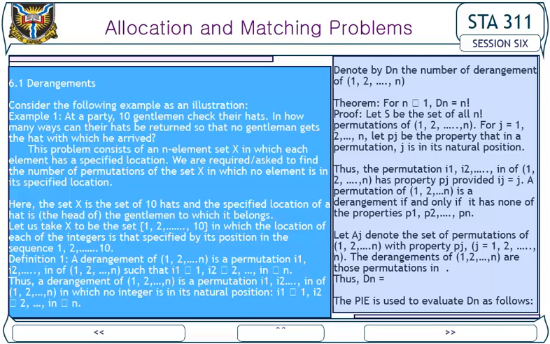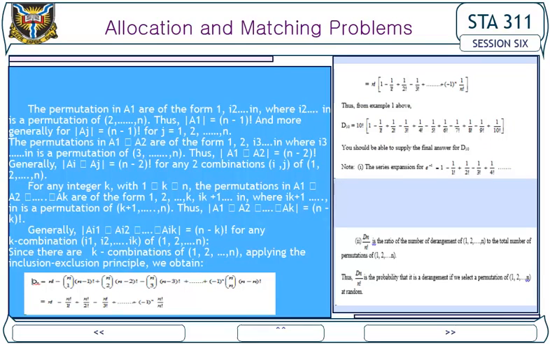The PIE is used to evaluate Dn as follows. The permutations in A1 are of the form 1, i2, ..., in, where i2 to in is a permutation of 2 to n. Thus, the absolute value of A1 is equal to n minus 1 factorial. And more generally, the absolute value of Aj is equal to n minus 1 factorial for j equal to 1 to n.